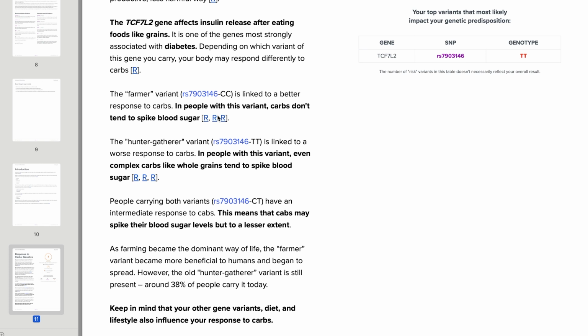It says here, in people with the opposite type, carbs don't tend to spike blood sugar. So meaning even the simple carbs, even the ones you're told not to have, like sugar or honey or whatever, they will not spike blood sugar significantly in people with the opposite genetics. And so this is very relevant information.